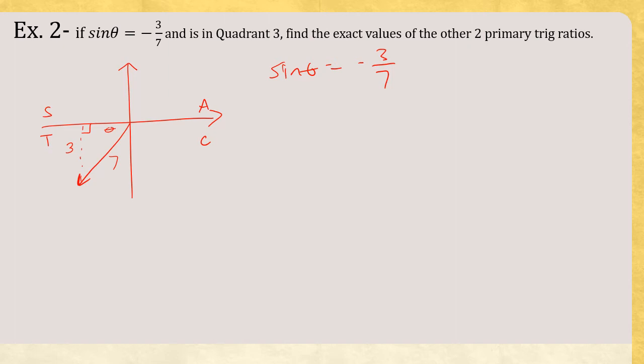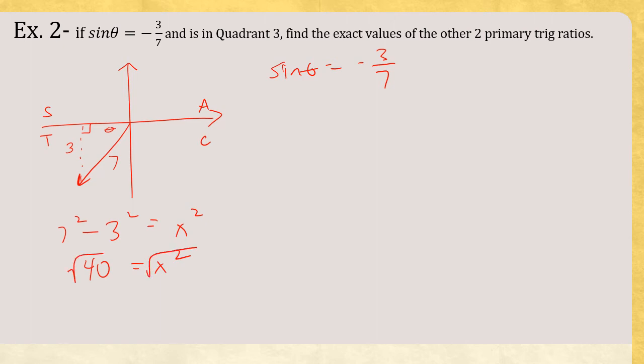So we are currently missing my x distance. That's a 90-degree triangle, Pythagorean theorem. This time you were given the hypotenuse. So instead of it being a squared plus b squared, it's going to be 7 squared minus 3 squared equals x squared. 49 minus 9 is 40. How do I get rid of that? Square root both sides.